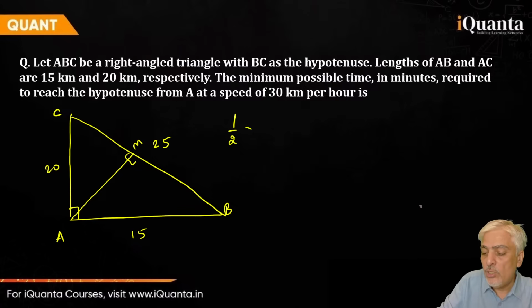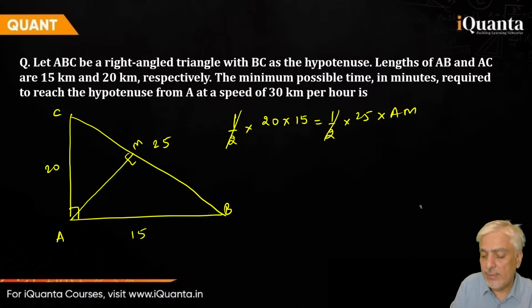Half into 20 into 15 will be equal to half into 25 into AM. Half cut. 5 5s are, 5 3s are, 5 1s are, 5 4s are. So AM will be 12.